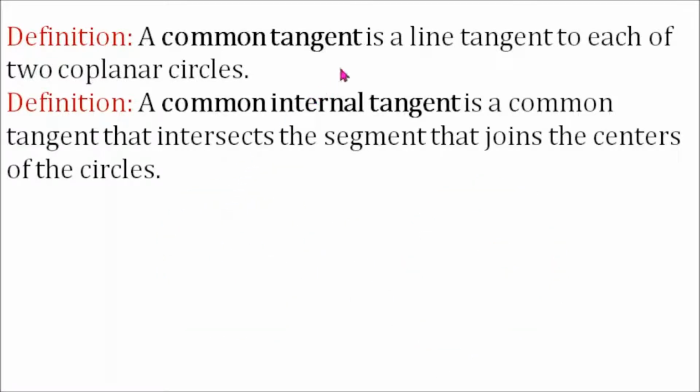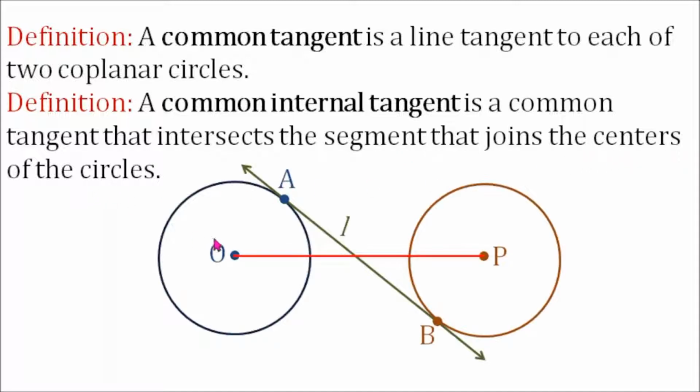A common tangent has two cases. The first one is a common internal tangent. It is a common tangent that intersects the segment that joins the centers of the circles. So here, line L is a common internal tangent because it intersects line segment OP that connects the two centers of the circles.